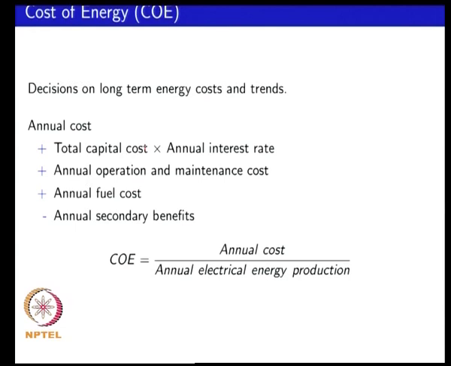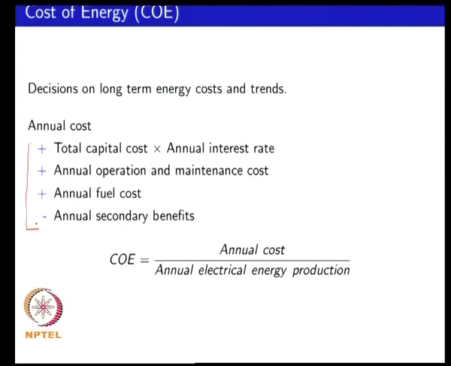So because of the hot water or cooling, you might actually be able to reduce some other cost, and you might also include that to actually see what your benefits are, and you can calculate your cost of energy on an appropriate basis. As you add all these together to form your annual cost, and then you look at what is the energy produced on an annual basis by your DG unit.